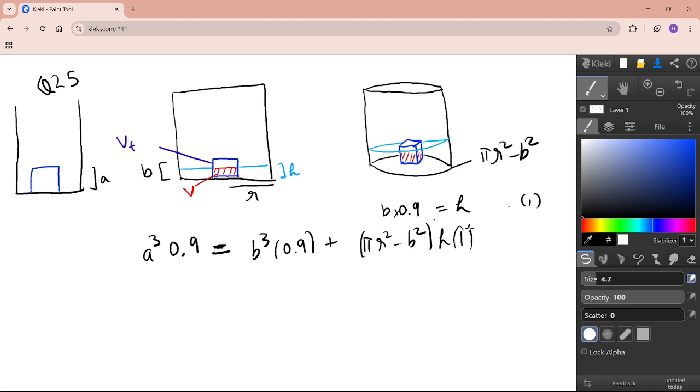So we know that h is b times 0.9. Let's put that here.